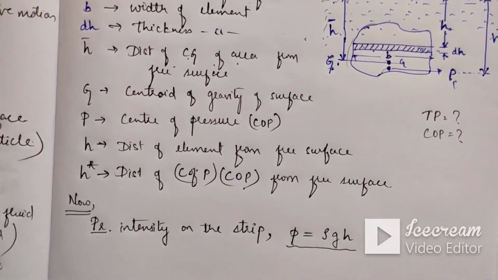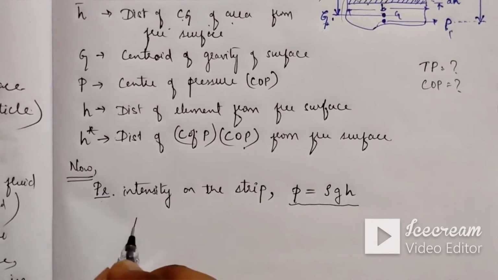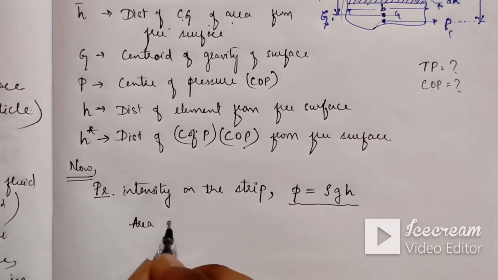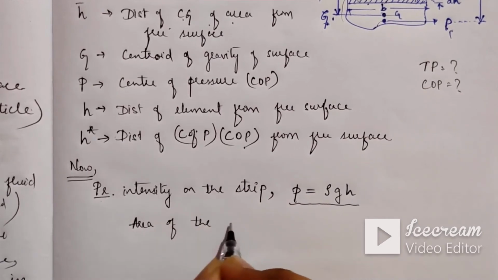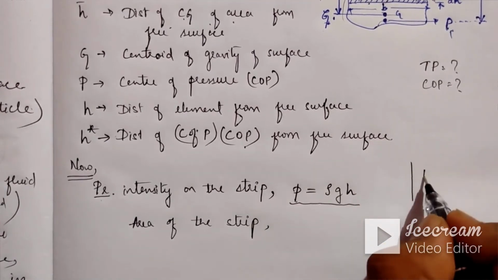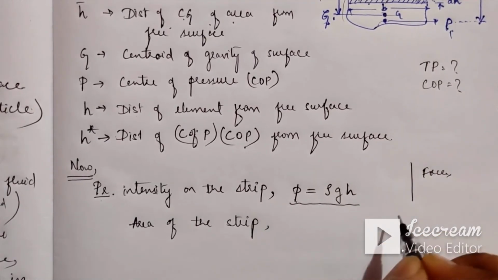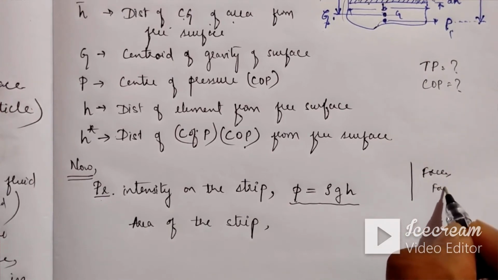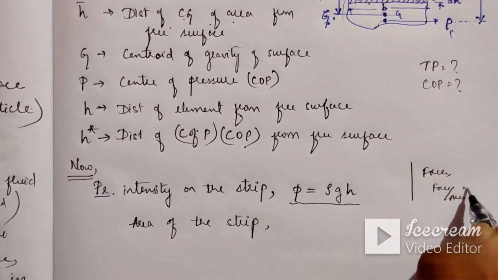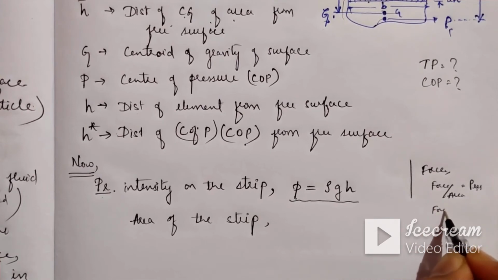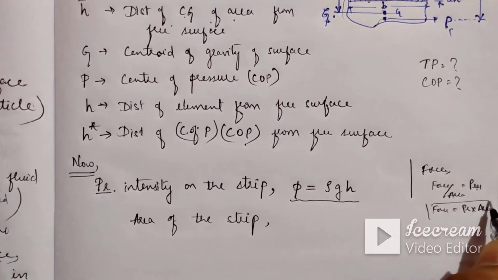Now, what is the area of the strip? Why am I considering this pressure intensity and also the area? Basically we are finding force. And we have a relation: force by area is nothing but pressure. So force is equal to pressure into area.